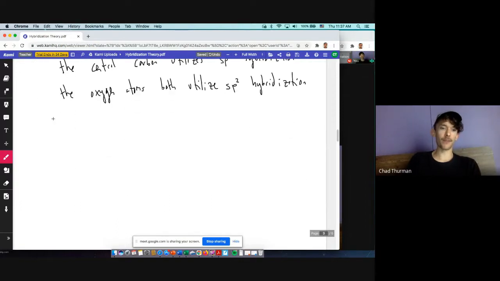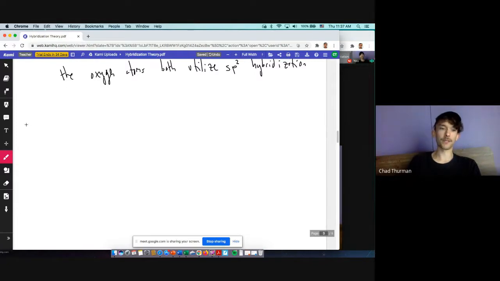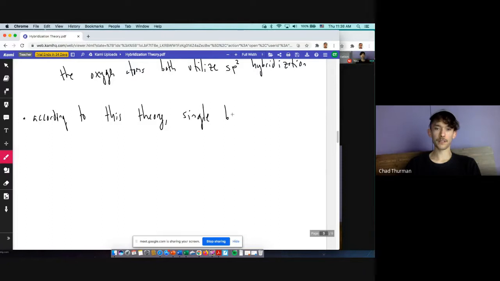Now, why don't we do some more examples here? Actually, let me tell you some facts. According to this theory, single bonds result from the direct, head-on overlap of orbitals.